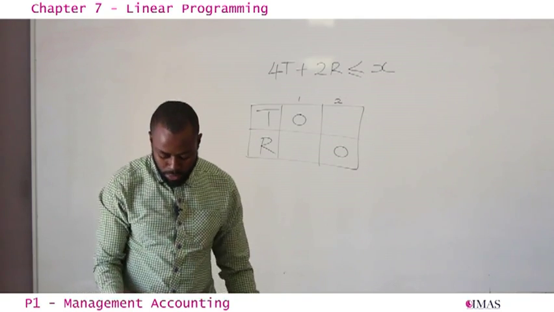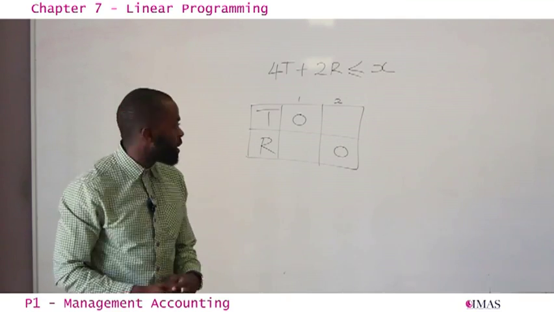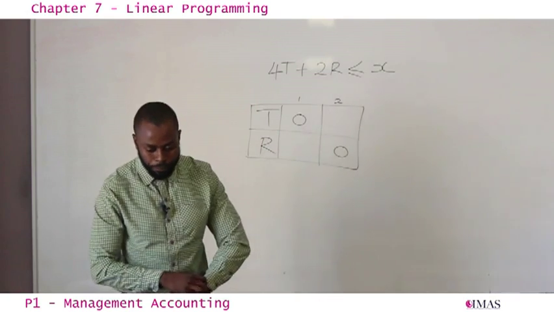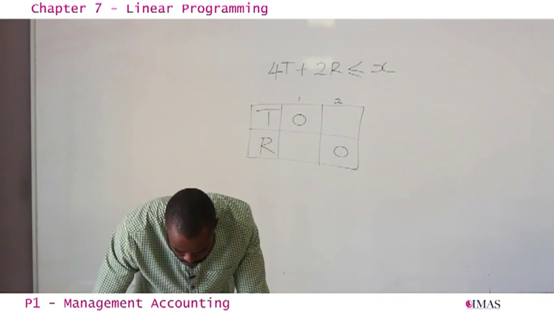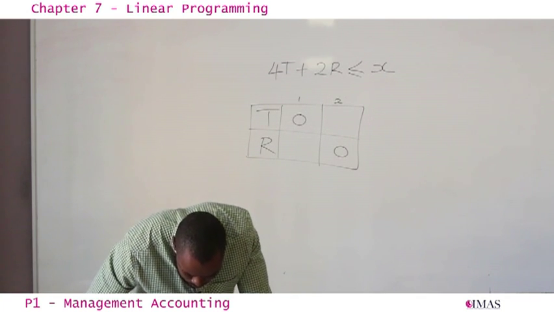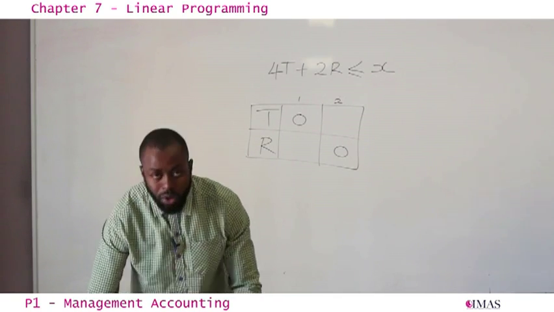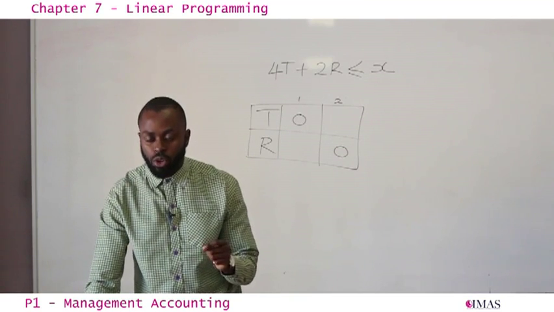But the reason that we're using it is that on this graph, the points that are easy to locate are when T is equal to 0 or when R is equal to 0. So in this question, we first start when R is equal to 0, we go on material A. We notice that the figure is between 1,200 and 1,300. So that's quite difficult to tell, so we don't use that point because it's not easy to locate.